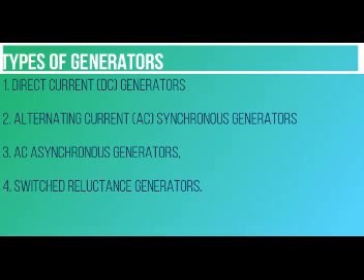Those are: number 1, direct current or DC generators; number 2, alternating current or AC synchronous generators; number 3, AC asynchronous generators; and last but not the least, switched reluctance generators.